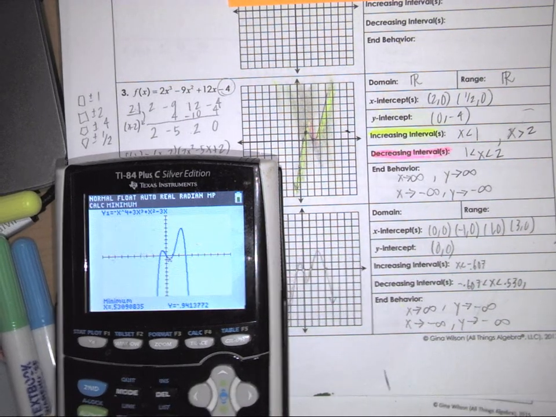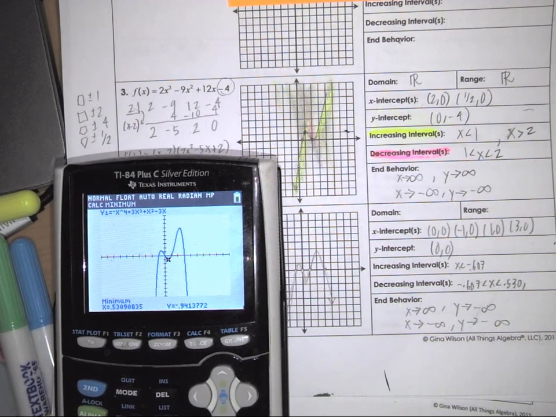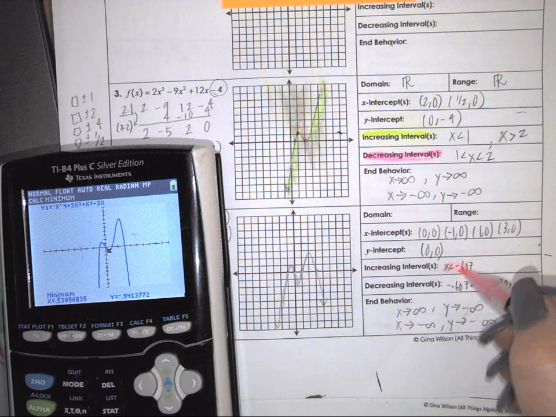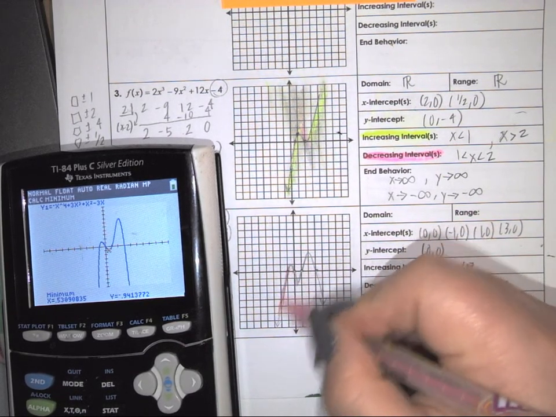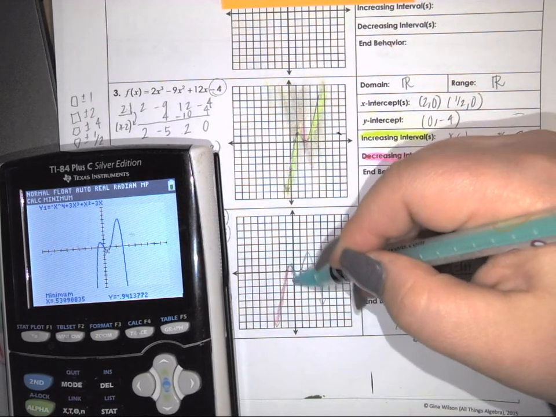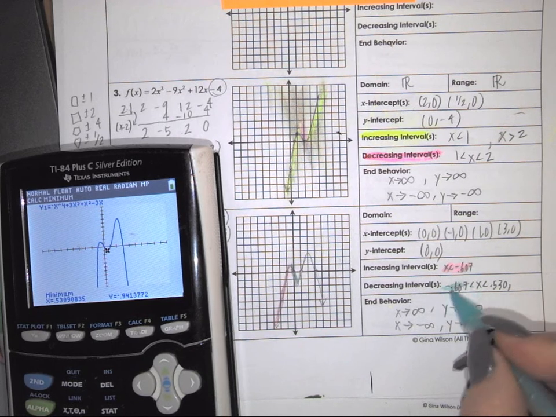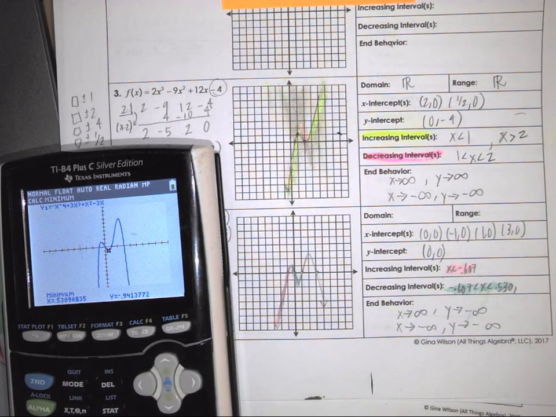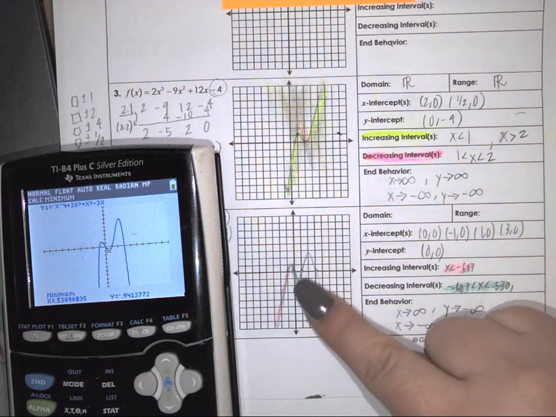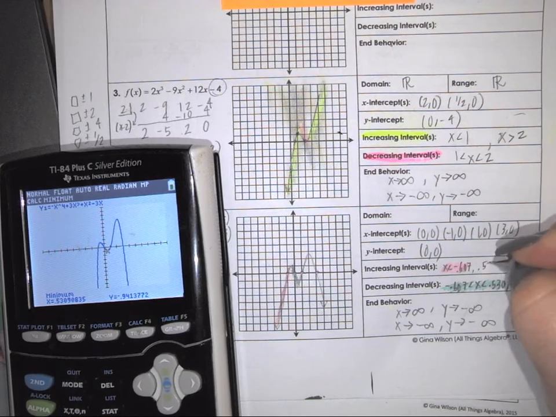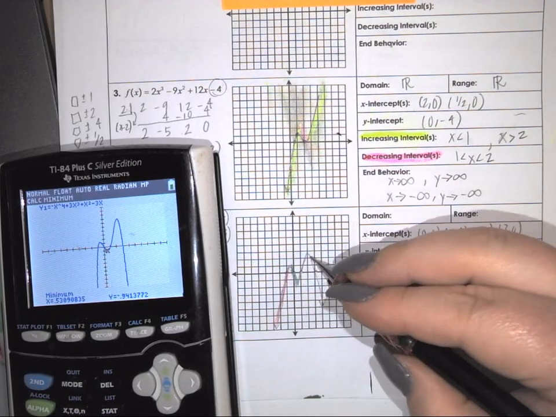Let me draw it with a thing. So this is here when it's going up, and this one is between those x values. And now this is an increasing interval, so that's going to start at 0.530, and then we just need to find what that hill is there.